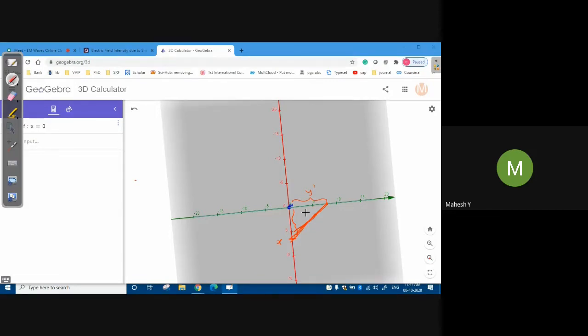Yes, Kushi. Very good. Any other answers? Yeah. Good, Akriti. Because this is a right angle triangle, so the length here it will be root of x square plus y square, right?